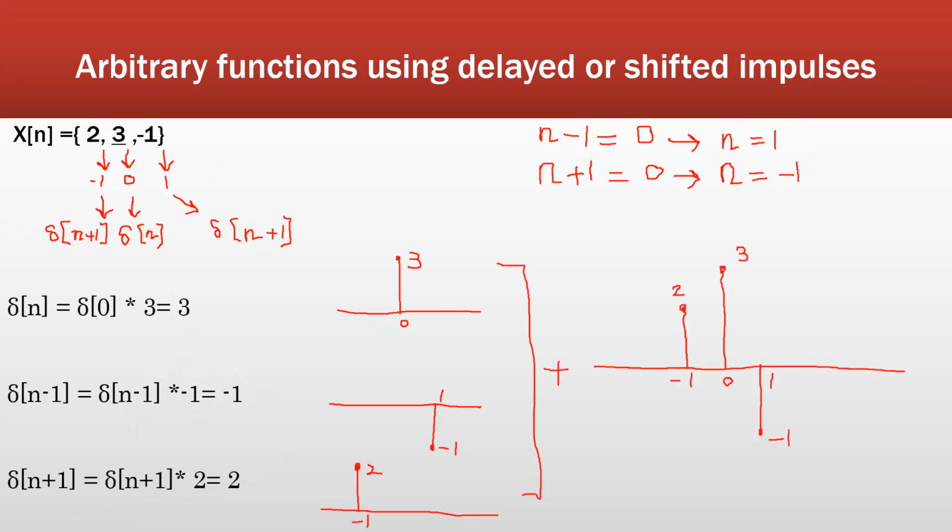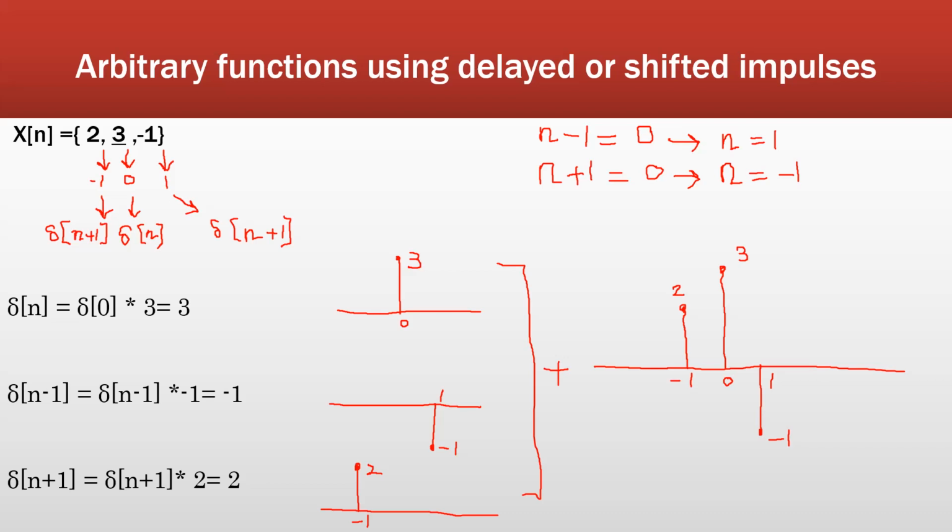Now the third step is to add all these impulses that we have calculated. Simply drawing the spikes: at 0 it's 3, at minus 1 it is 2, and at 1 its amplitude is minus 1.